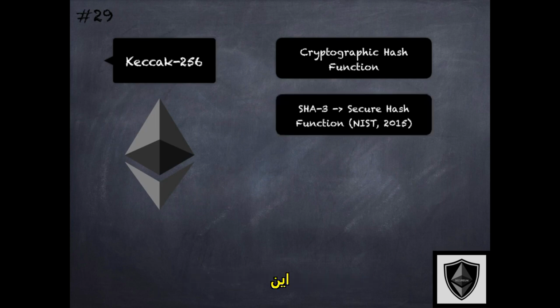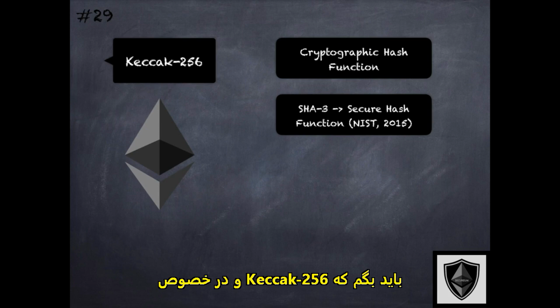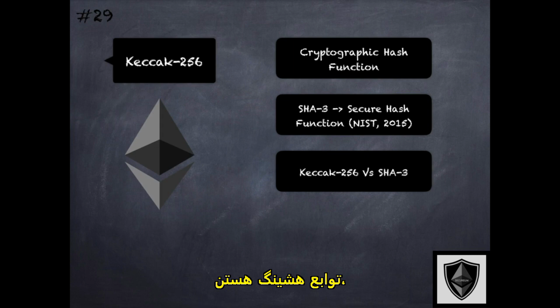This is really very closely related to SHA-3, the secure hash function. SHA-3 was finalized as the standard by NIST, the National Institute of Standards and Technology. And in the case of Keccak 256, it was the winning candidate for the SHA-3 competition. Now take a look at Wikipedia or any other reference for how the next generation of hashing functions are decided by this competition by NIST with entries from all around the world.